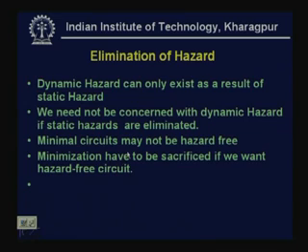Now if we summarize the hazard covers by K map, then what we get is that the minimal circuits may not be hazard free, as in the example we have taken, and the minimization has to be sacrificed if we want hazard free circuits.